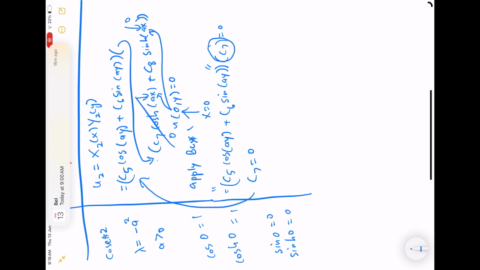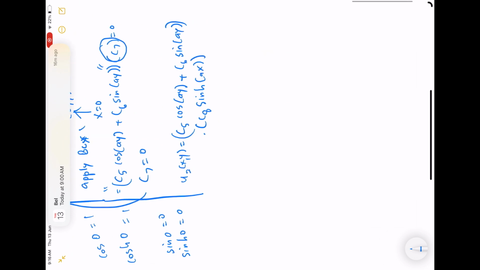So our new u2(x,y) is equal to c5 cosine ay plus c6 sine ay, multiplied by c7 equal to 0. We only have c8 sine ax.